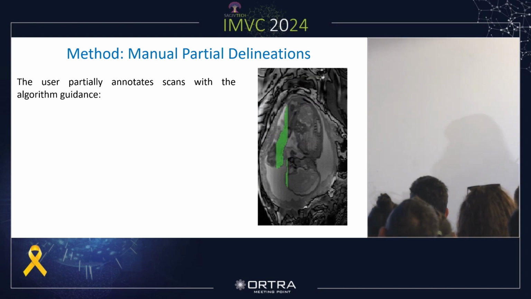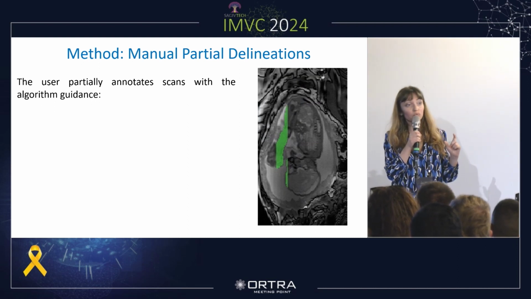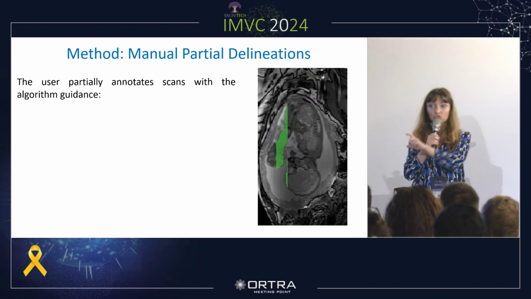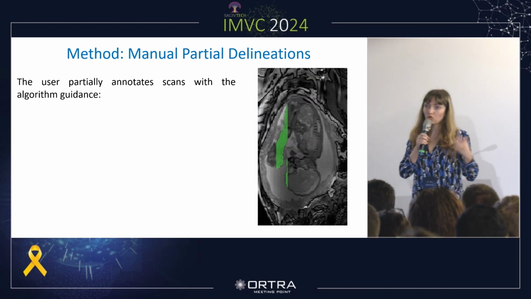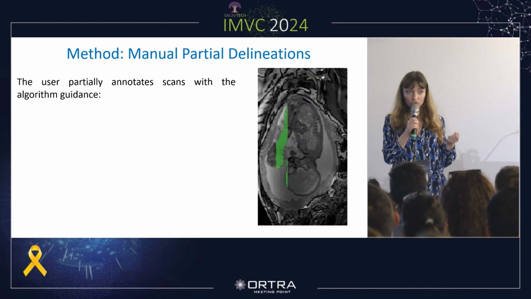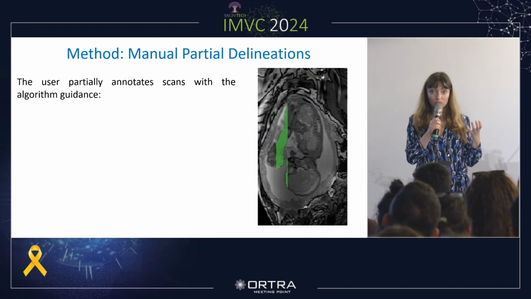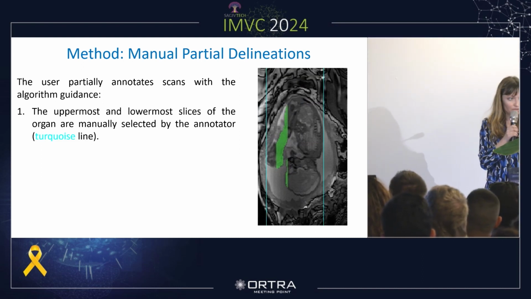And this is why we want to do these consecutive slices. Prior works usually don't do that, and the ones that do don't compare partial annotations and full annotations with the same annotation cost. So this is the goal of our work.